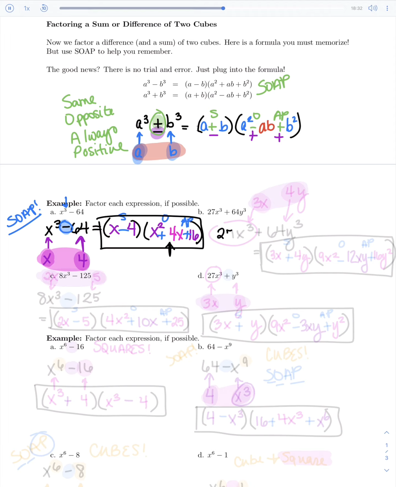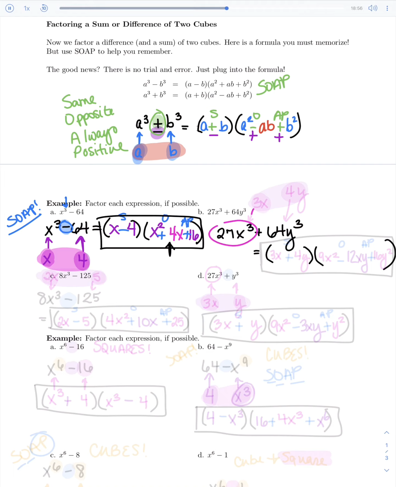In B, we've got 27x cubed plus 64y cubed. So we've got cubes again, because we see exponents that are divisible by 3. Remember, cubes is SOAP, which means we're going to have a binomial, 2 terms, times a trinomial, 3 terms. Okay, let's take a look.